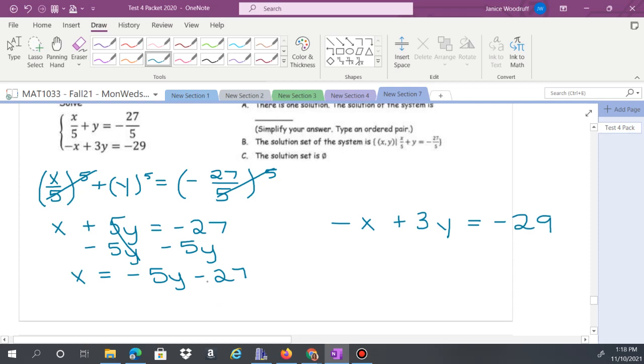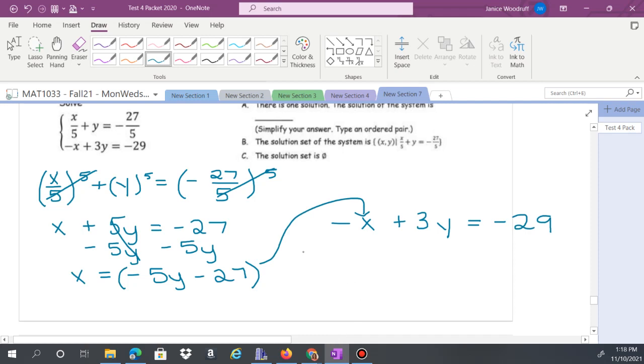All right, so then I'm going to take what x equals, and I'm going to plug it into the other equation for x. So x equals negative 5y minus 27. So that's going to go into this other equation right there.